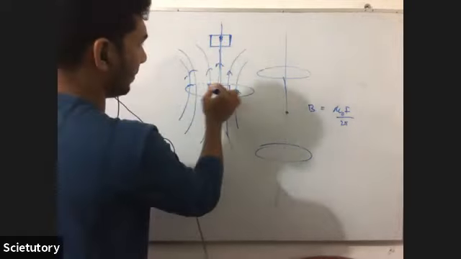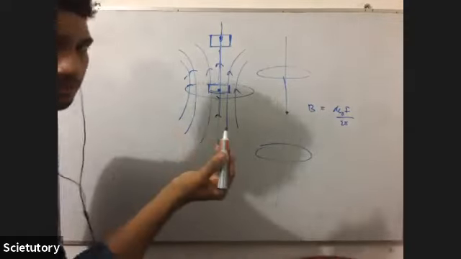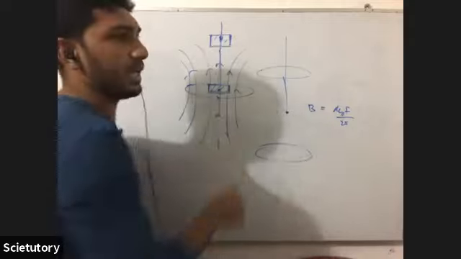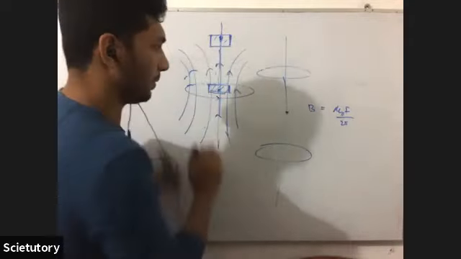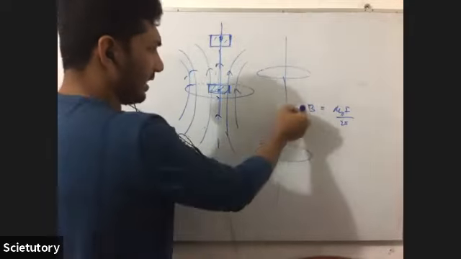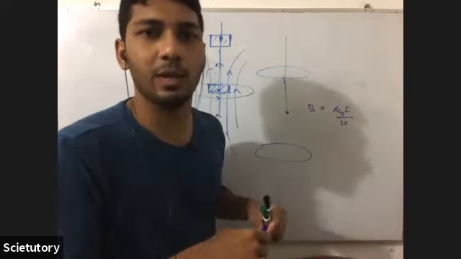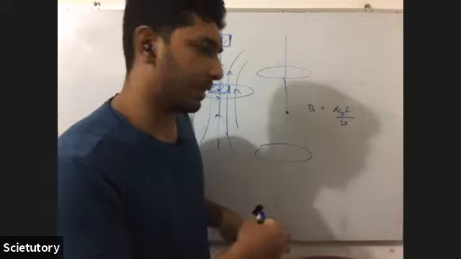But here, if you draw the same area, it catches 3 lines, for example. So the density is higher here and reduces with increasing distance from the loop. But it has some B. We can't write any equation, but it has some B.